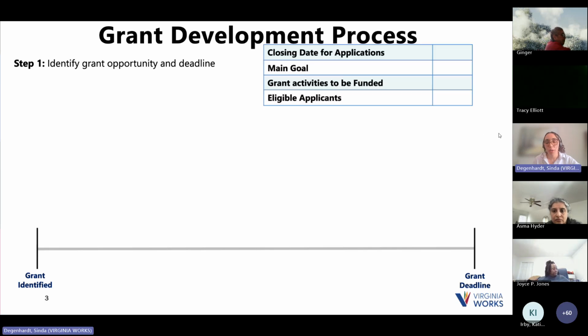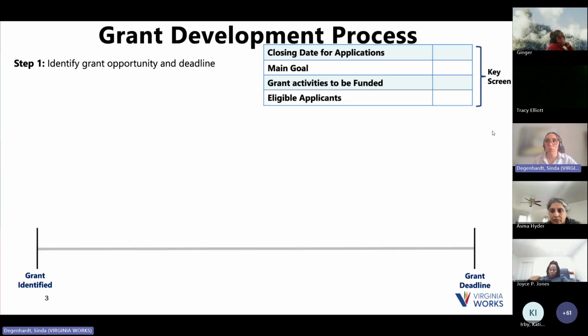And a really great way to do that is to have a screening system to identify, first off, are you eligible? Is this a funding opportunity that will help your agency meet your long-term goals? And when is the closing date? When is the application due? This will help you identify, is this relevant and do you have time to write an application?